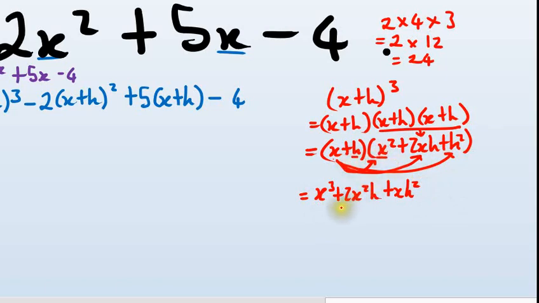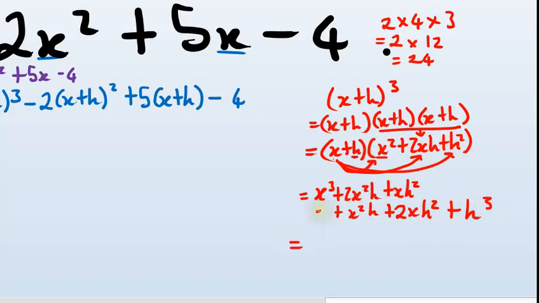It will give you plus x squared h, like terms on top of each other. Nice, superb. And then I have h multiplied by 2xh, and that will give you plus 2xh squared. And then h multiplied by h squared, which will give you plus h cubed.